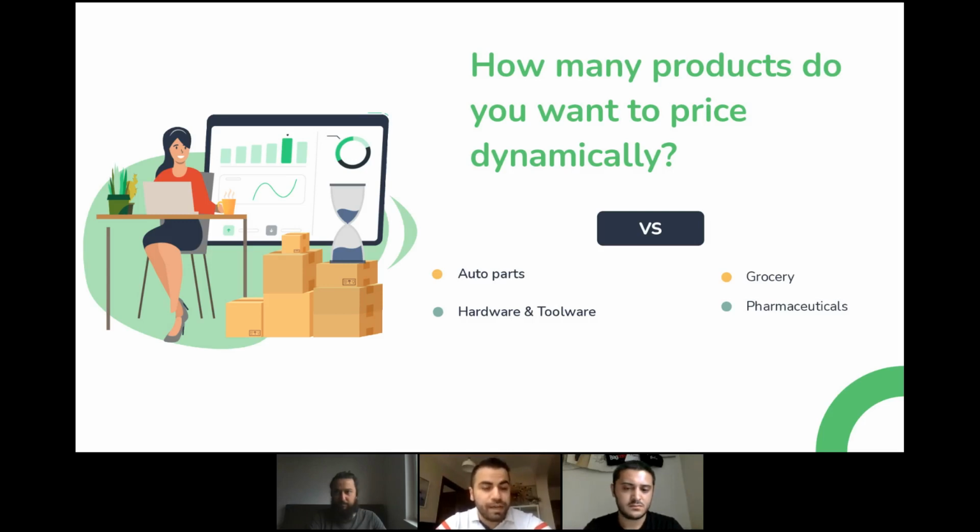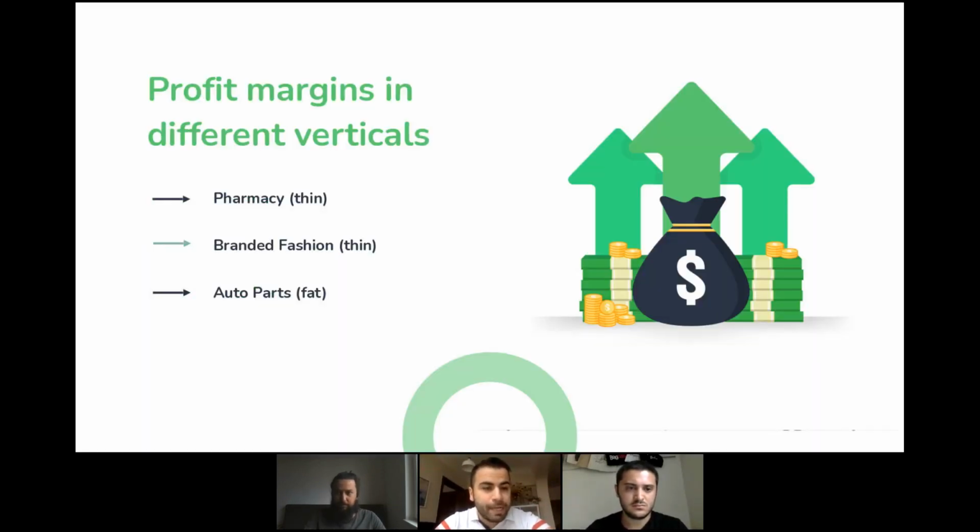But on the contrary, in grocery industry or pharmaceuticals, it would be fair to say that the dynamic pricing dynamics is not that complex, given the fact that the total number of items does not reach that level most of the time. So let's put a disclaimer on it at this stage.